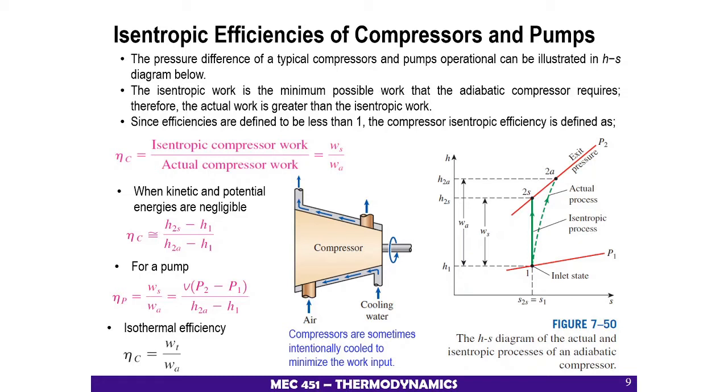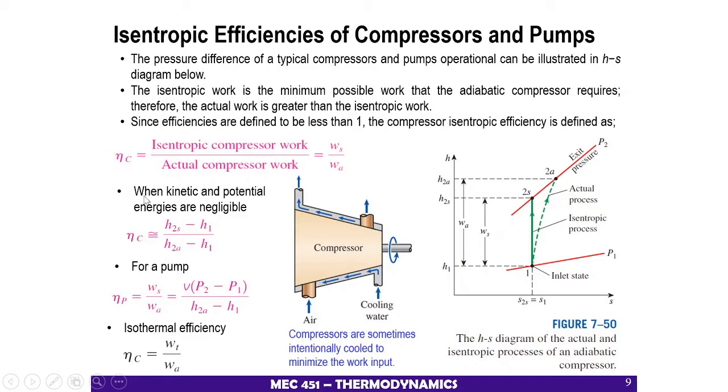Since efficiencies are defined to be less than 1, the compressor isentropic efficiency is defined as isentropic over actual, because a compressor requires work compared to a turbine, which produces work. So in reality, the amount of work required is much more than the calculated one. That is what we call isentropic efficiency.